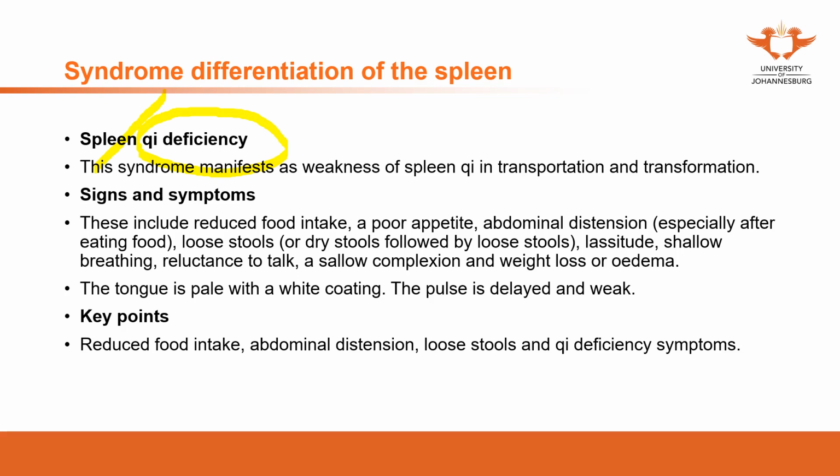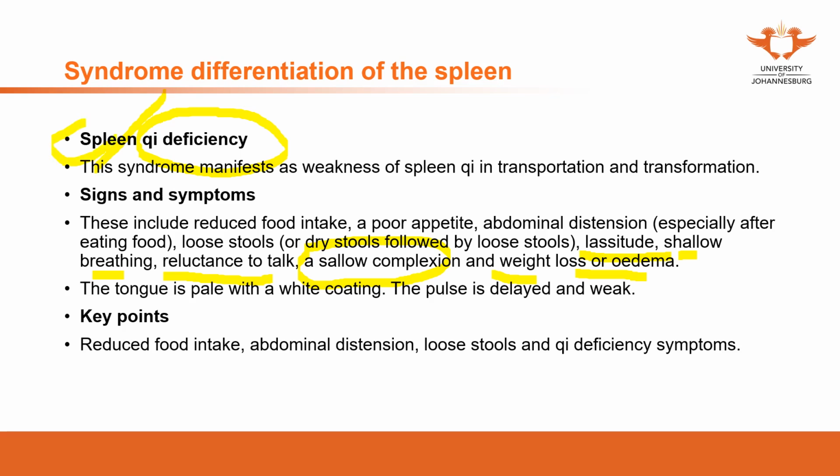Now you can find the signs and symptoms for qi deficiency: lassitude, shallow breathing, reluctance to talk, a sallow or pale complexion, weight loss, edema, and these manifestations will worsen upon movements or upon physical activities. So these are from qi deficiency.